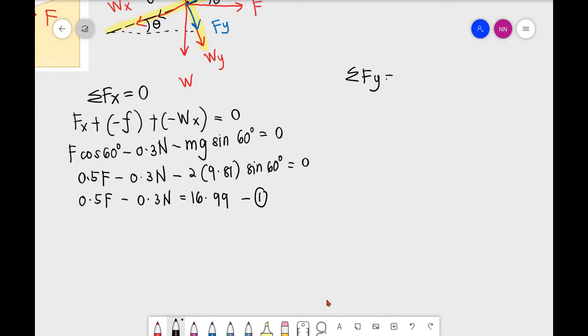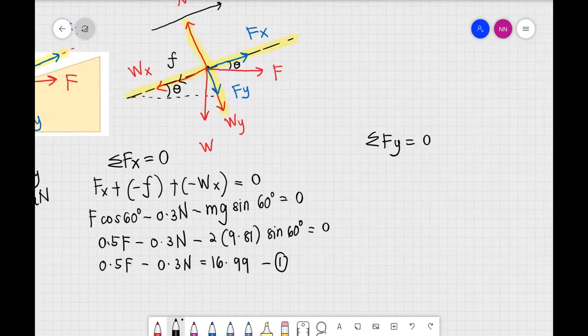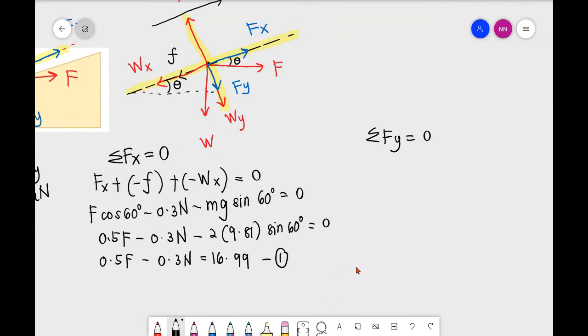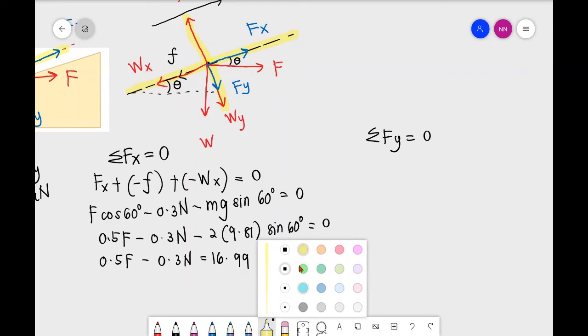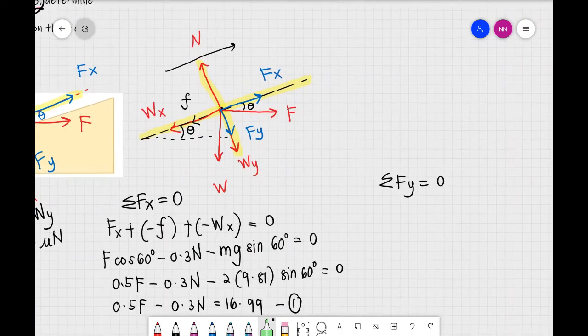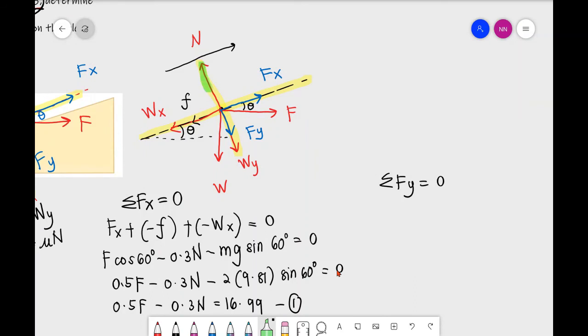For component y, net force y equals 0. We have N, Fy and Wy.